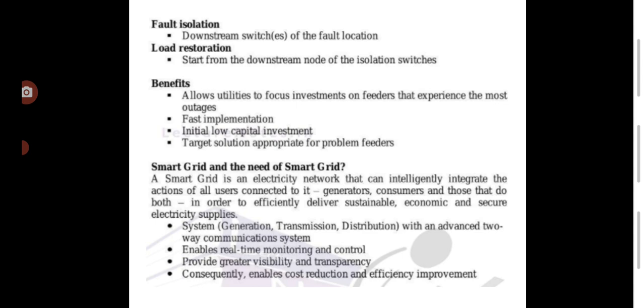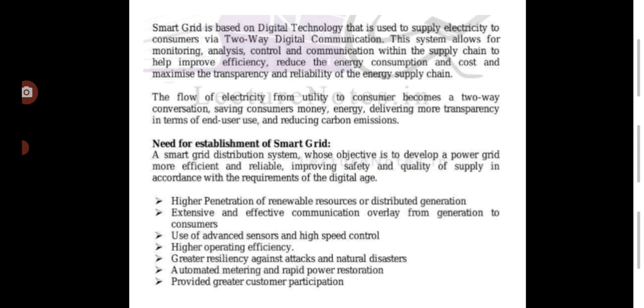And next, it consequently enables cost reduction and efficiency improvements. The smart grid is based on the digital technology that is used to supply electricity to the consumers via two-way digital communication. These systems allow for monitoring. The same thing could be intelligently monitored with the help of this communication network by the smart grids.